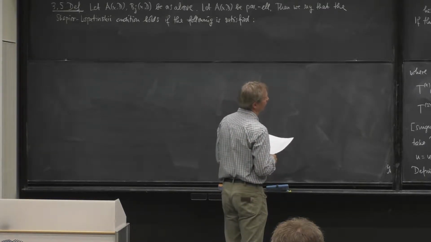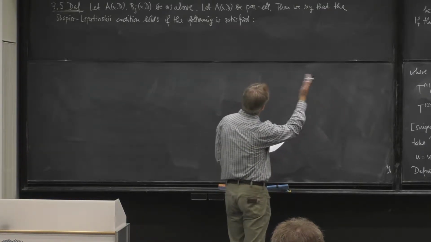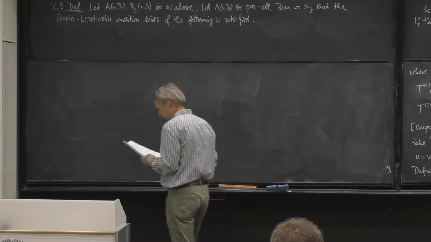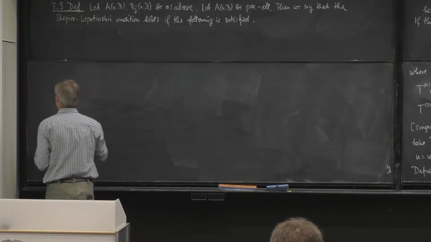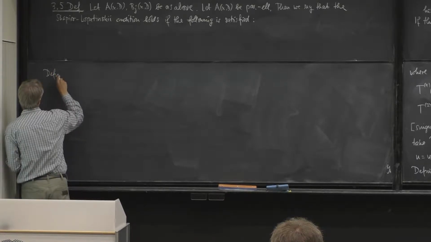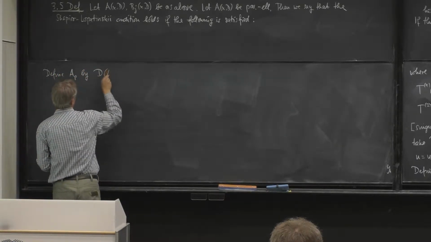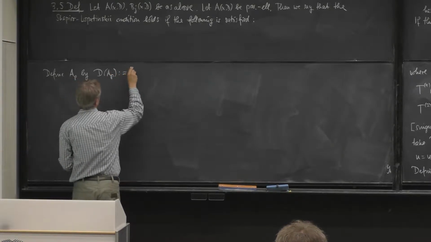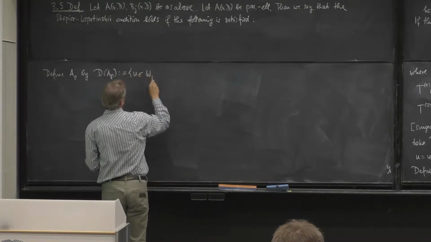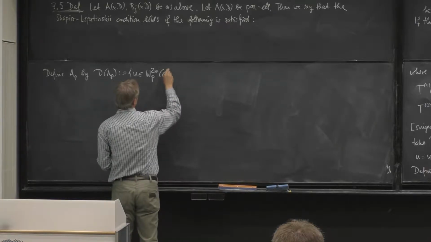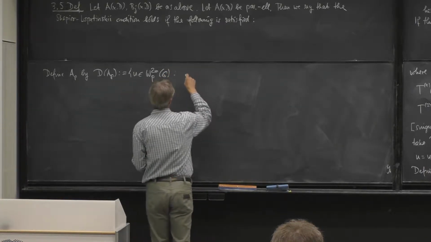Okay, and now, if I have given such a boundary value problem in some domain and define, as usual, AP by, now the domain of AP is all u in W^{2m}_p of G, where all boundary operators vanish.